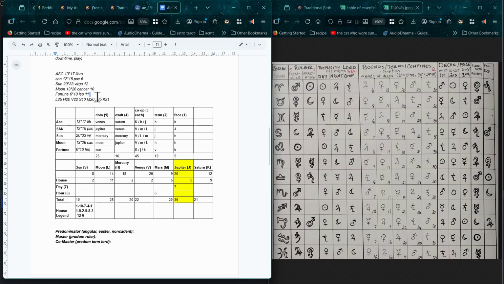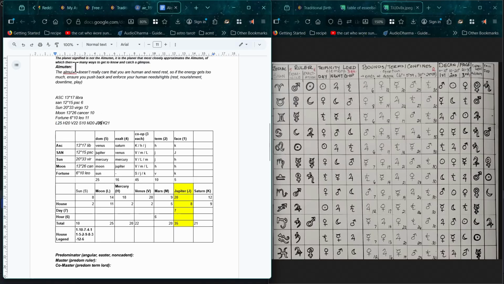So once again, Jupiter is ahead. And then we could still say that Moon is the next strongest at 25, but right on the heels of Moon is 22, 21, 20, 20. So that's everybody else but the Sun, essentially. So we're going to just have Jupiter as the Almuten. Right? Okay.